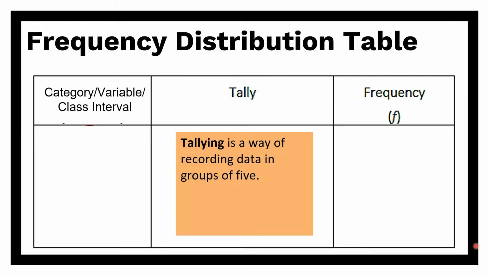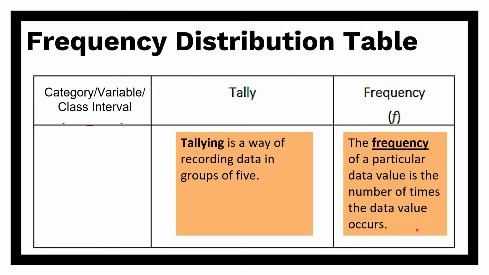So when we have a tally, we are constructing vertical lines, and the fifth line will be a diagonal line. The tallies can then be counted to give the frequency. So what is this frequency? The frequency is the value or the number of times the data value occurs.